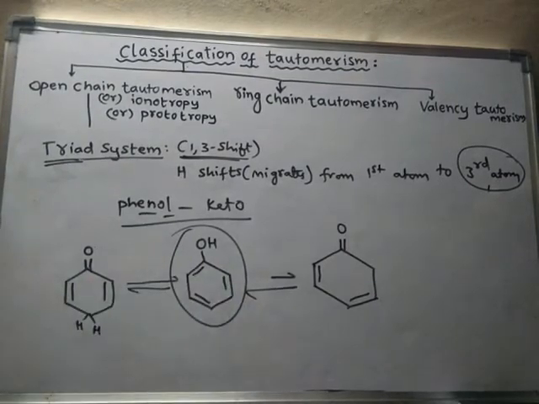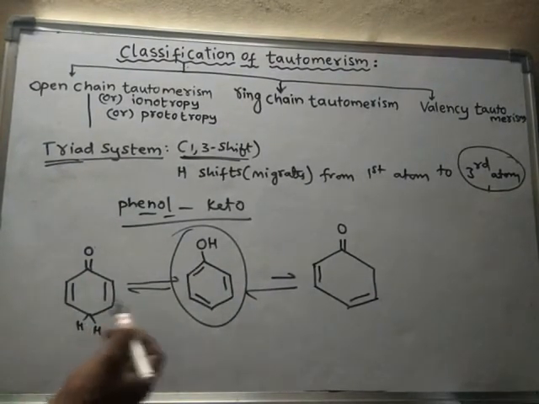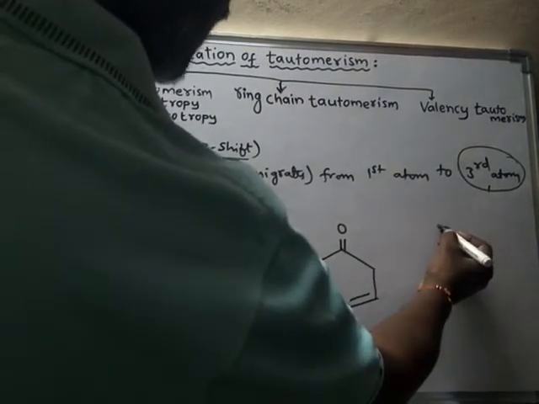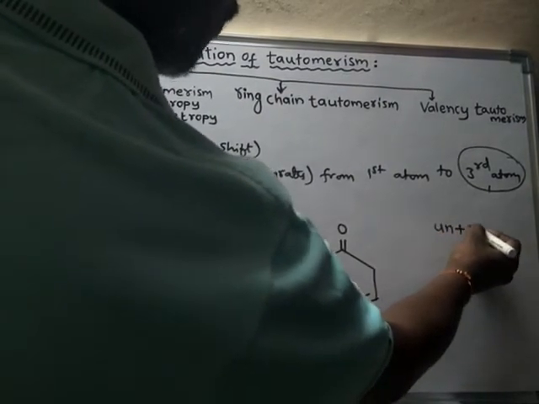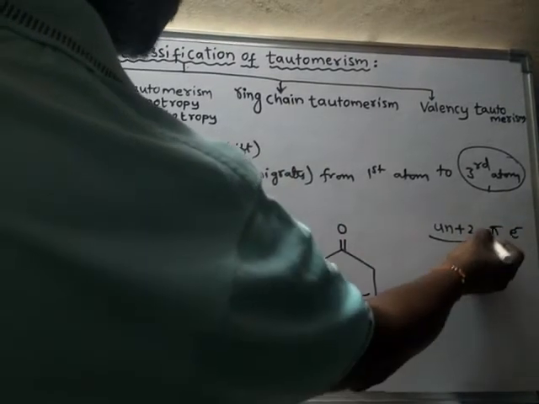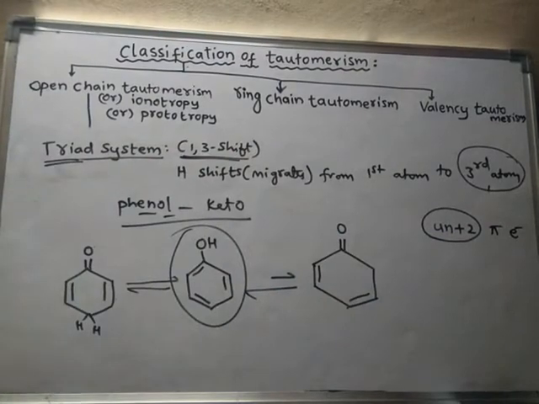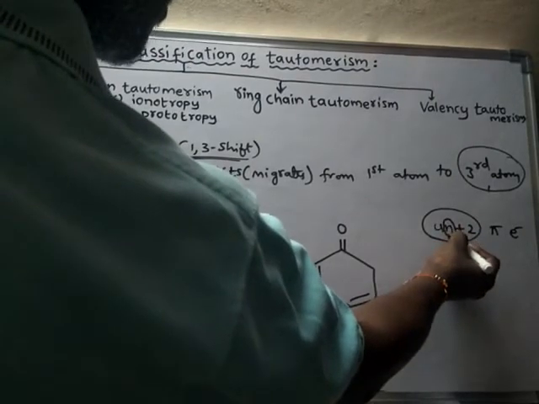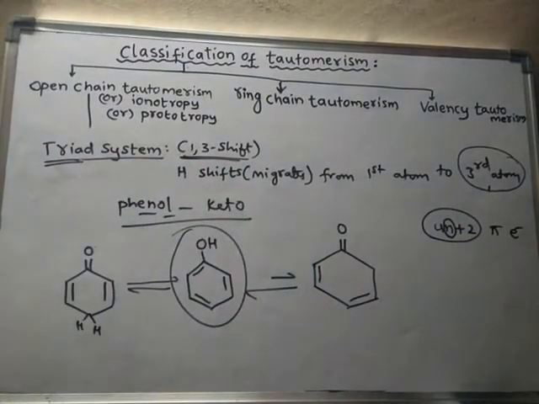and this is the more stable form, because here it is an aromatic compound. Aromatic compound means the compounds which contain 4n plus 2 pi electrons are said to be aromatic compounds. Here what is n? n is generally a number.